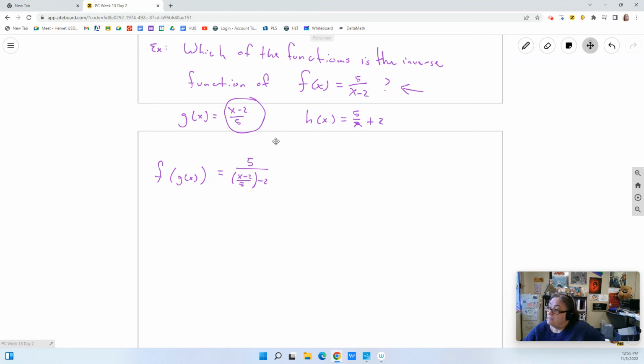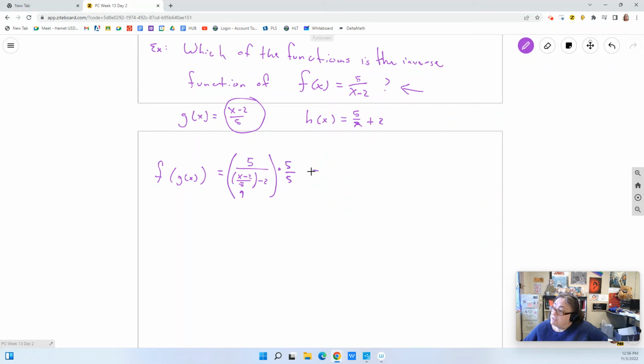I think I can, right? So that's the first thing I want to do. I want to get rid of this 5 down here so that I'm not dealing with a fraction on the bottom. And so I am going to multiply this whole thing times 5 over 5.